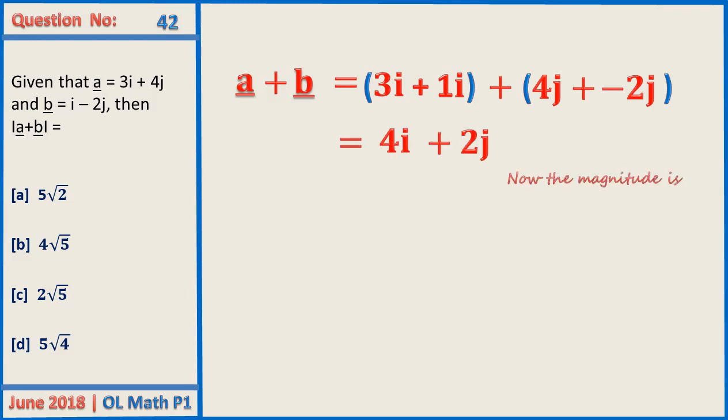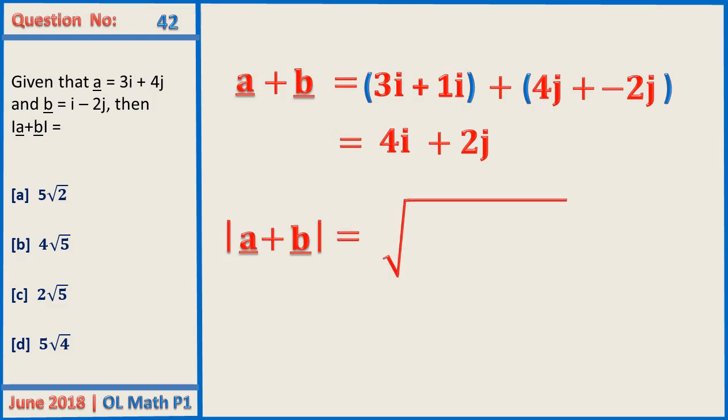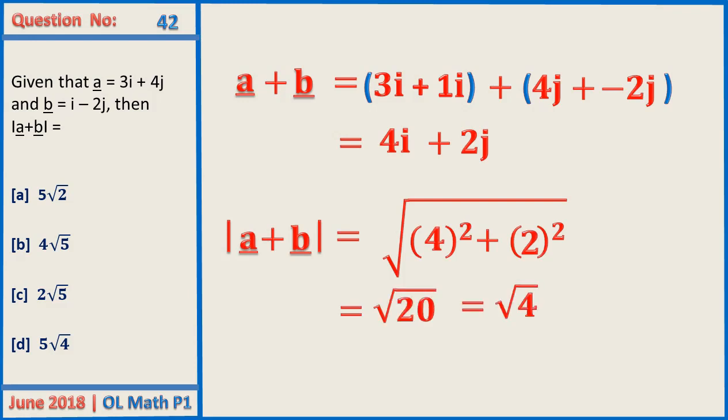Now we have to look for the magnitude, which is: the magnitude of A plus B should be equal to the square root of the i component squared plus the j component squared. That gives us 4 squared, which is 16, plus 2 squared, which is 4. That gives us the square root of 20. And square root of 20 is the same as the square root of 4 times the square root of 5, which is equal to 2 root 5 from simplification of roots. That gives us C as the answer.